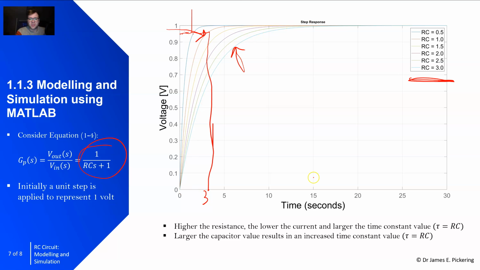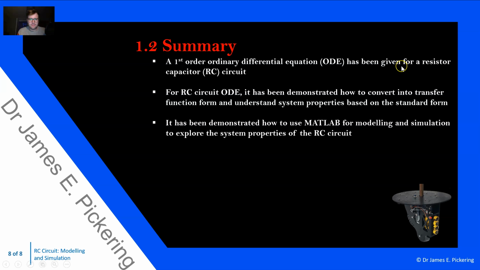It's taken approximately, I don't know, 15 seconds to get to about 95% of the final response, whereas in the case of having a time constant of 0.5, it was getting there in just over 3 seconds. So you can see the relationship that we spoke about earlier is true, as you'd expect. It's taking longer for the capacitor to charge with an increased resistor or capacitor value.